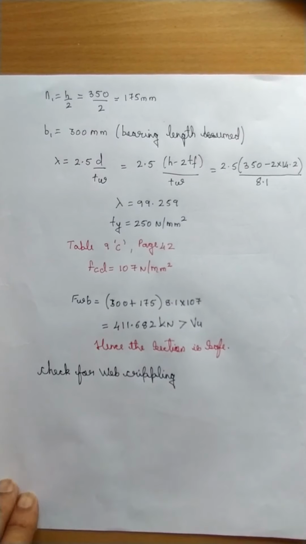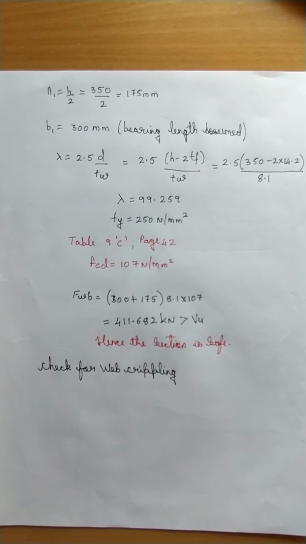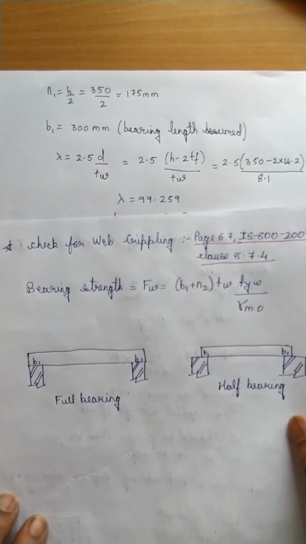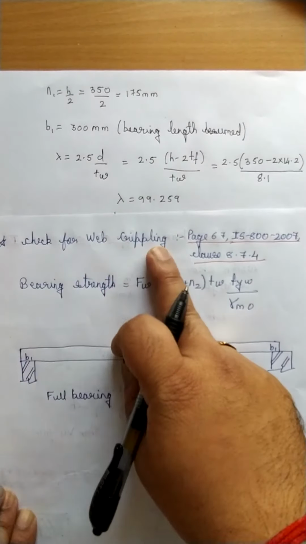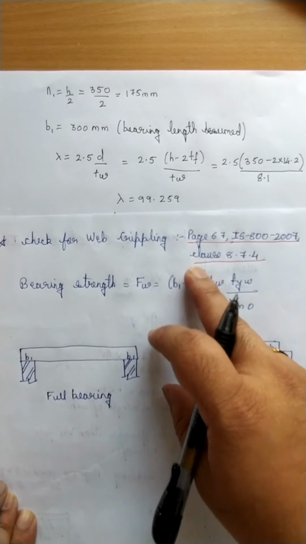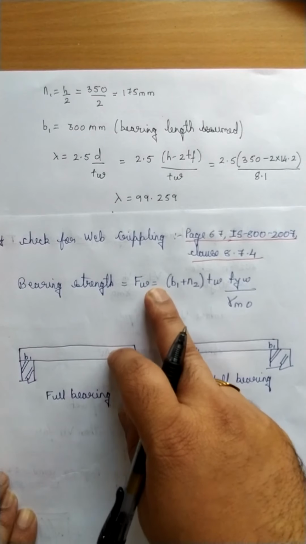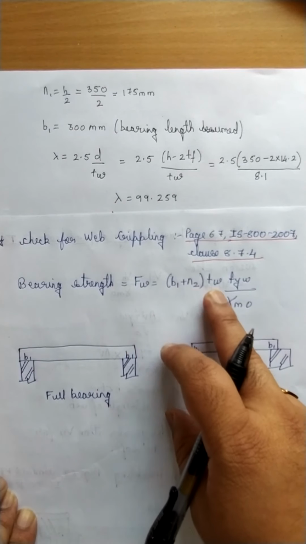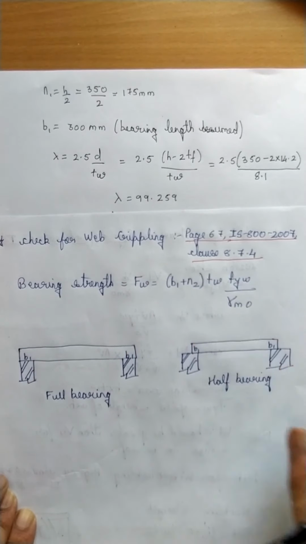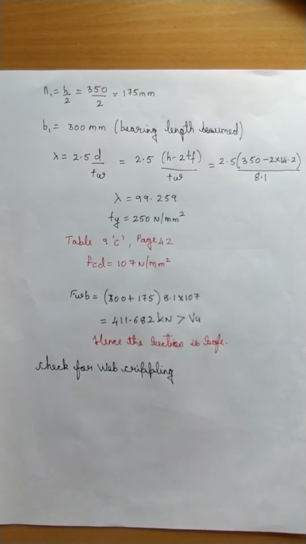So let us see what we had discussed in the design steps. In the design steps, you can see check for web crippling is given again on page number 67, clause number 8.7.4. How is the formula given? Fw is equal to B1 plus N2 into TW into FYW divided by gamma M0. So let us go to that page of IS 800 2007.